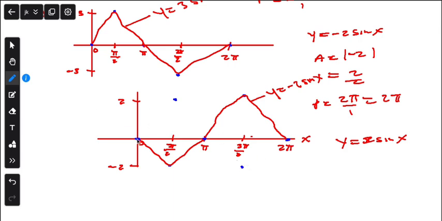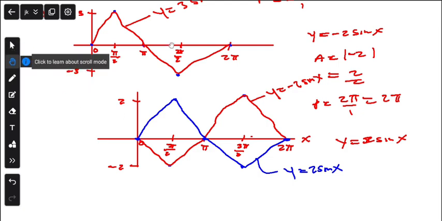So you join the points. Then from here to this point here, then the last one is going to be this one. So for this one here, you're going to say it is y equals 2 sine x. So these are the two differences that you need to consider.